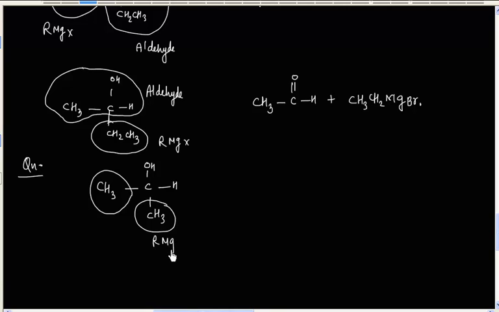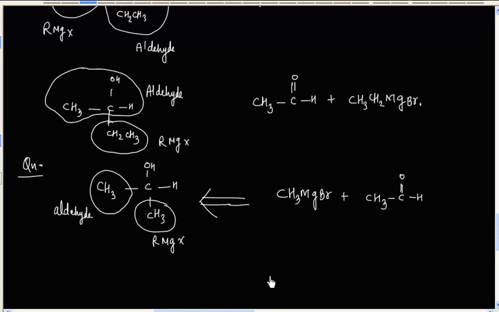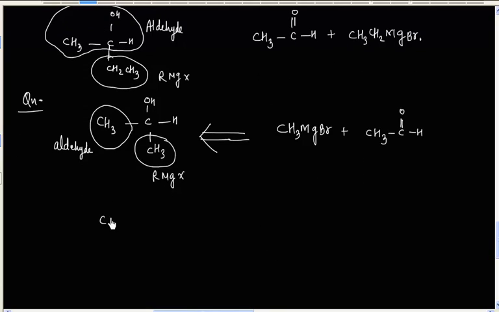So let us take this as Grignard reagent and this is aldehyde. So this compound can be prepared using CH3MgBr and aldehyde, that is acetaldehyde CH3CHO. Reaction will be something like this. So we have to treat these two reactants, CH3MgBr plus CH3CHO, and then we have to also acidify.